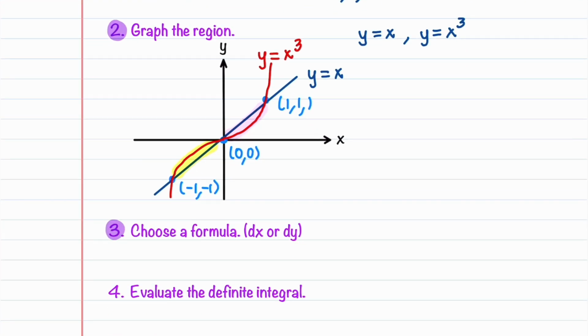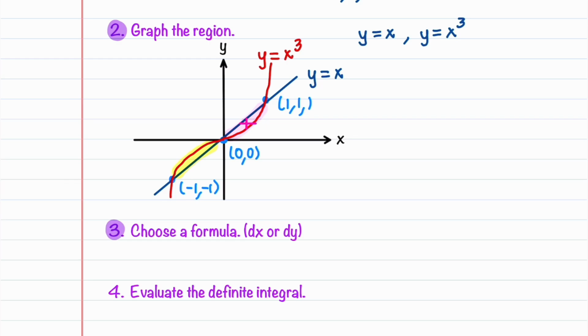Let's now choose a formula. We need to decide if we want to integrate with respect to x or with respect to y. So let's go up to our graph and draw a vertical line in our pink region. Notice that we have a curve on the top and a curve on the bottom. That means we can integrate with respect to x. If we draw a horizontal line, we have one curve on the right and one curve on the left, so we could integrate with respect to y.